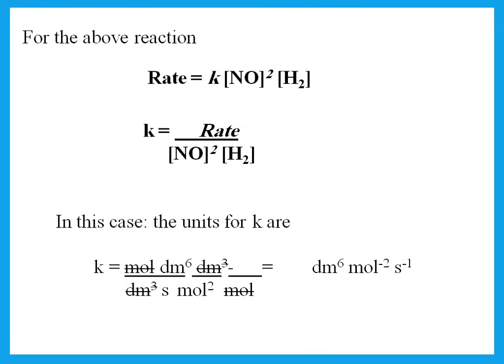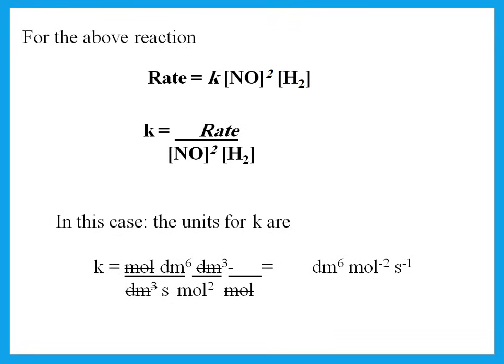Now, the units of K differ according to the rate equation. So in this case, for example, rate is mole per decimeter cubed per second over concentration of NO squared, that's moles squared to decimeter to the 6, times concentration of hydrogen, so that's mole per decimeter cubed.